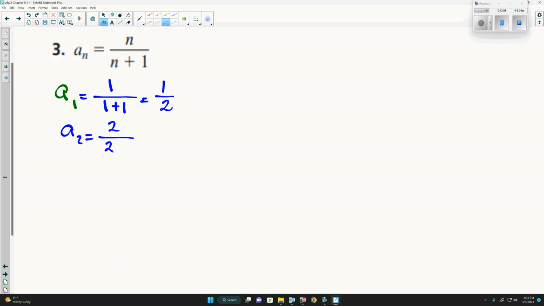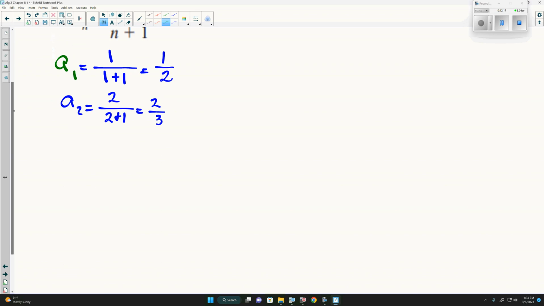A sub 2 would be what? 2 over 2 plus 1, which would be 2 over 3. A sub 3 would be 3 over 4. What would A sub 4 be?